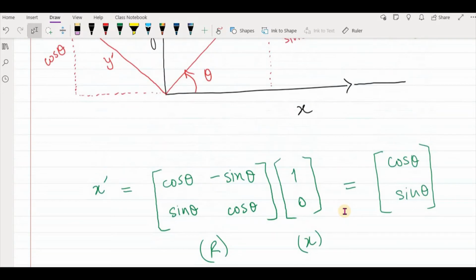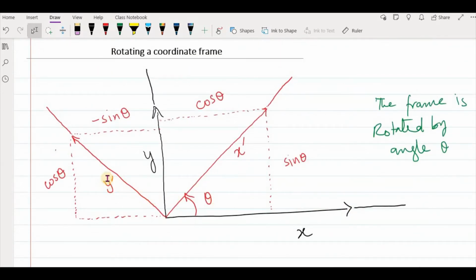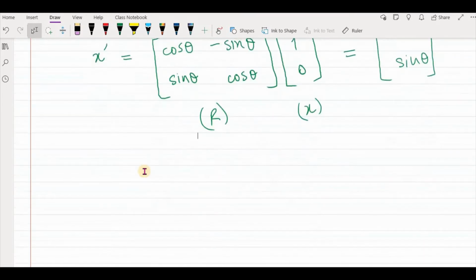And similarly, to find y prime, the unit vector along y-axis, we have to multiply the rotation matrix R, which is again rotated by angle theta, with the original unit vector along y-axis. So let's see how we can do that.